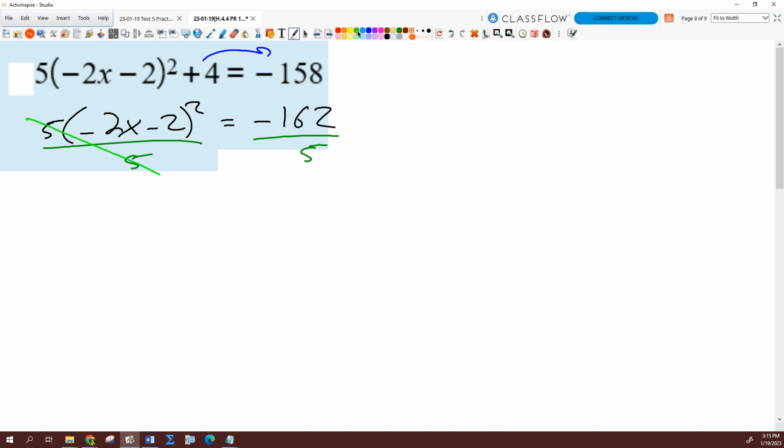Okay, those cancel. So I get negative 2x minus 2 squared equals negative, but we don't want to do that. We want to leave it as a fraction. Reduce the fraction if possible, but we can't. What's next? Square root. Okay.